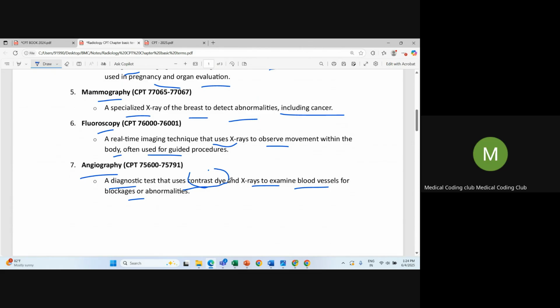That contrast material increases the opacity and helps to diagnose and visualize the abnormality very clearly. So angiography is to examine the blood vessels for blockages or abnormalities.